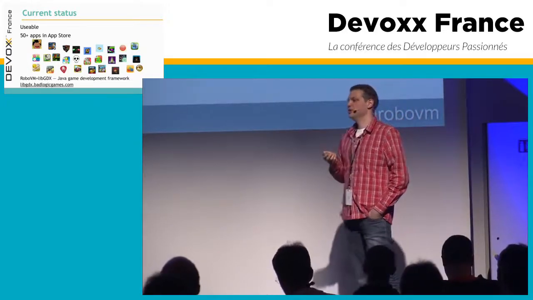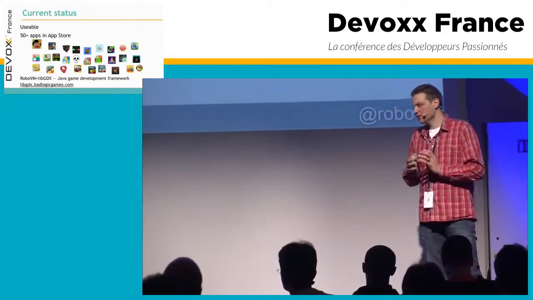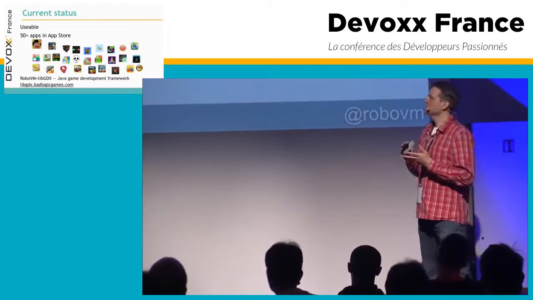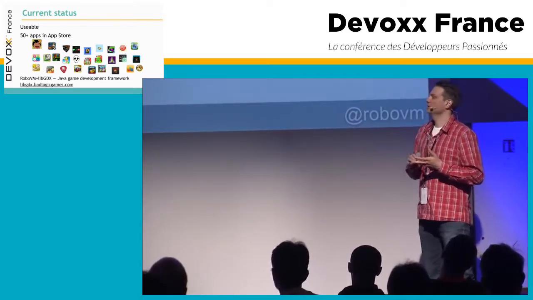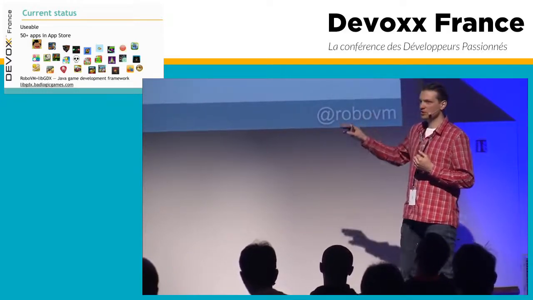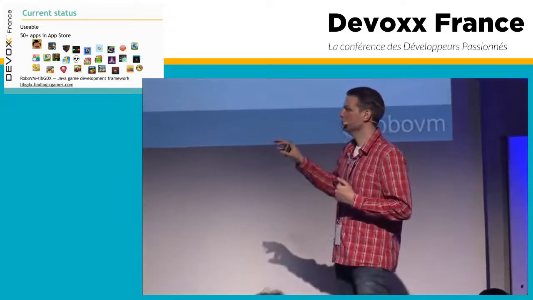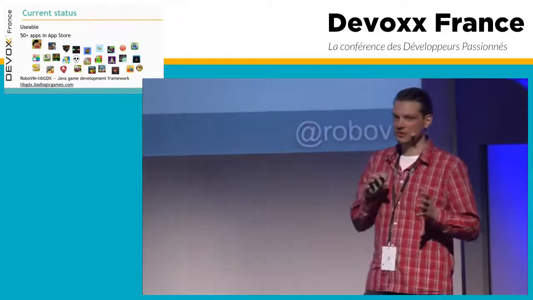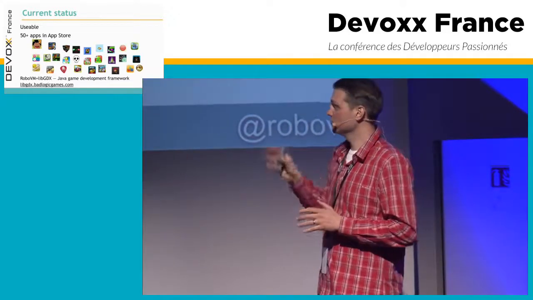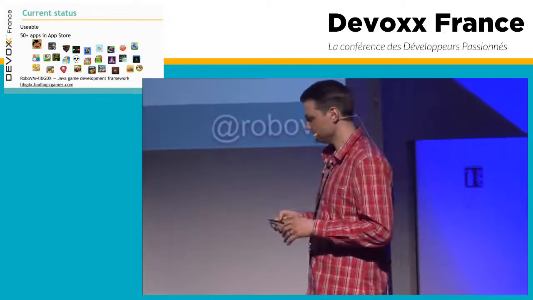Using libgdx, you can develop a single code base and then use that to target Android, BlackBerry, the desktop, and iOS using RoboVM. libgdx comes with an iOS backend that is based on RoboVM. So if you're into game development and you want to do it with Java, you should definitely check out libgdx.